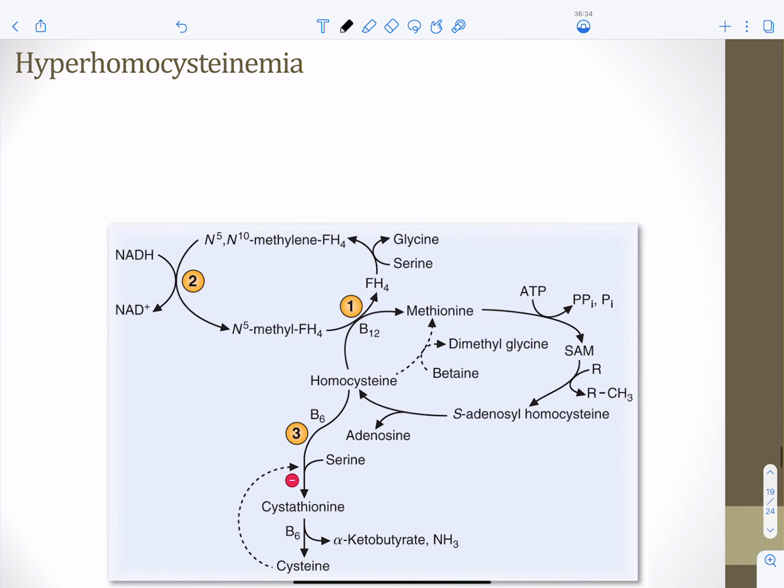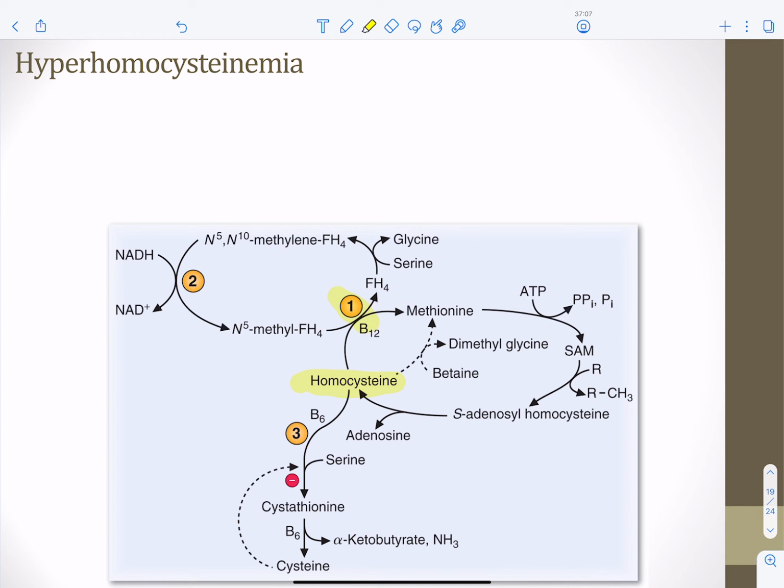Now there is also hyperhomocysteinemia, and so again, elevated levels of homocysteine have been linked to cardiovascular and neurologic diseases. So methionine is always going to be in our diet, and methionine is going to form SAM, and then it's going to generate homocysteine. And if there is a vitamin B12 deficiency, or a defect in that synthase, you can get an increase of homocysteine.